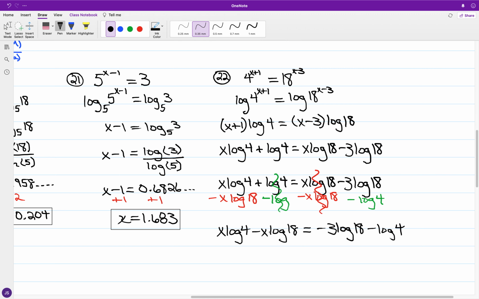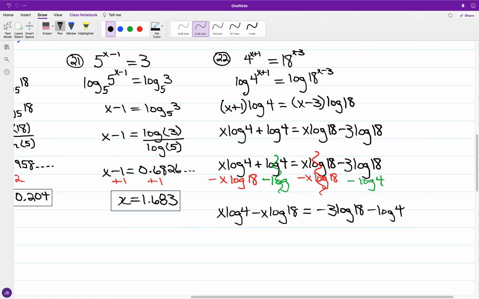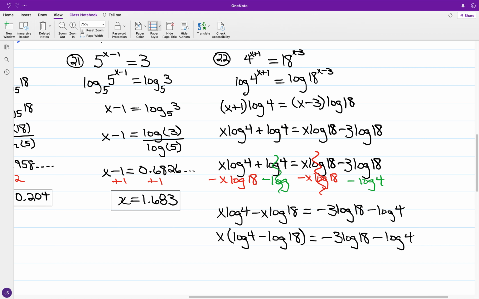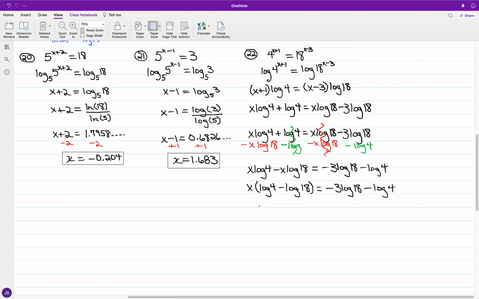So for the difference between the x terms, we can factor out x. And so we have x times the quantity of the base 10 logarithm of 4 minus the base 10 logarithm of 18, equal to negative 3 times the base 10 log of 18 minus the base 10 logarithm of 4. And just setting things up here, I can just isolate the x upon division.